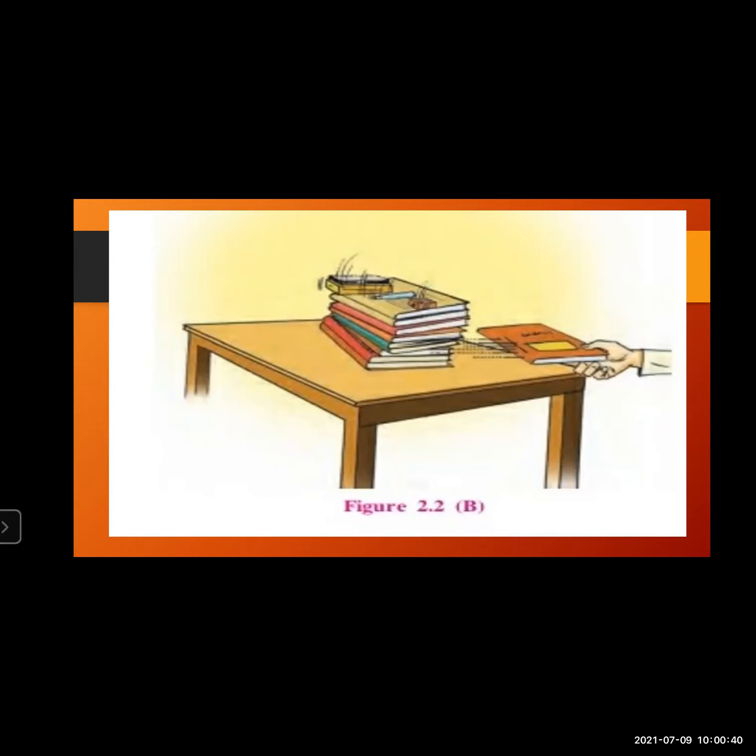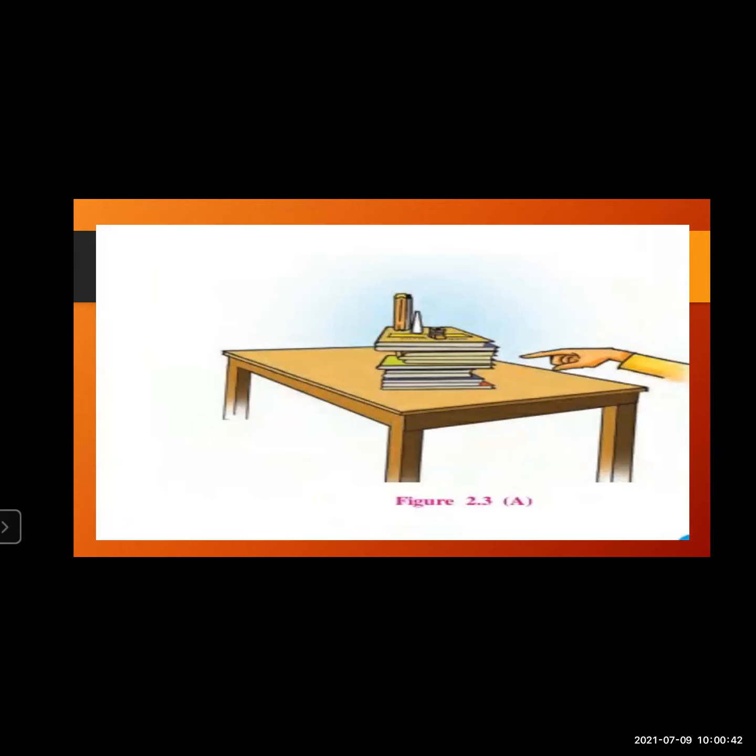Now let's go to another figure which is given in your textbook, that is 2.3a. Again, rearrange the notebooks, keep chalk, duster, sharpener, rubber, etc. The same thing is arranged here. The books are there. Above the books, the sharpener, duster, eraser, everything is kept.